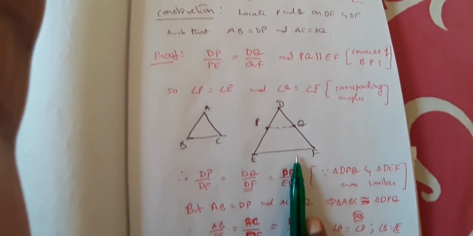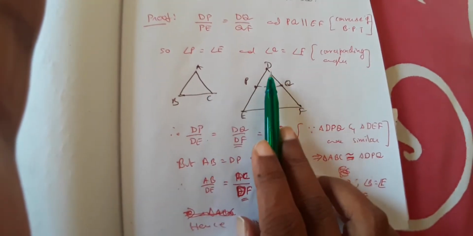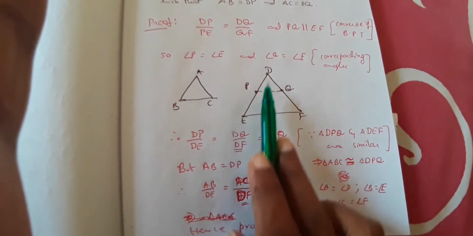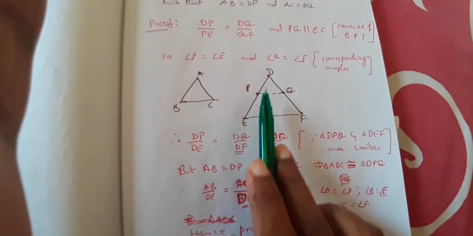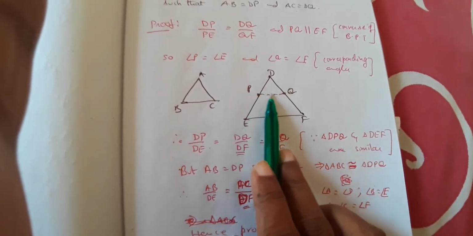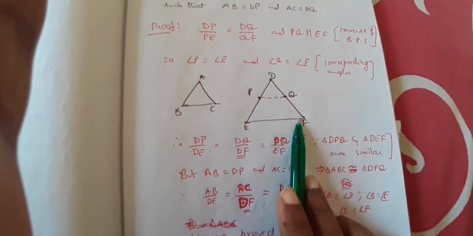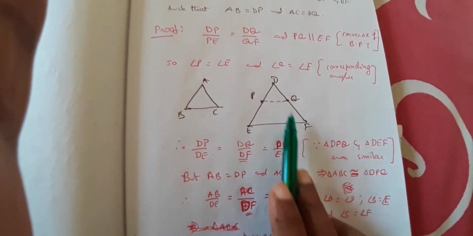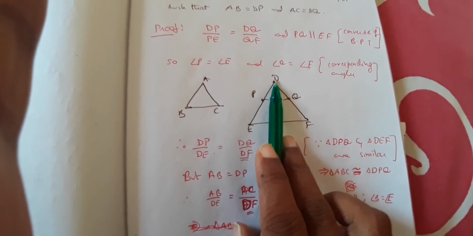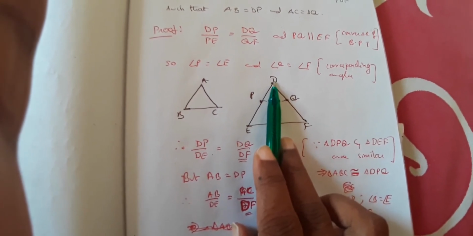Then after this one, you have DP by DE, because these two are similar triangles, right? Which are the similar triangles from the basic proportionality theorem? DPQ and DEF are similar triangles. So therefore I can write the ratio of their sides is of equal value.